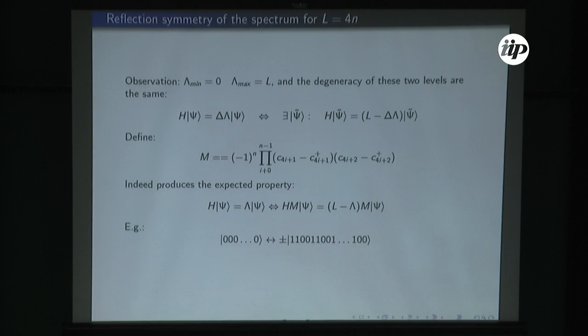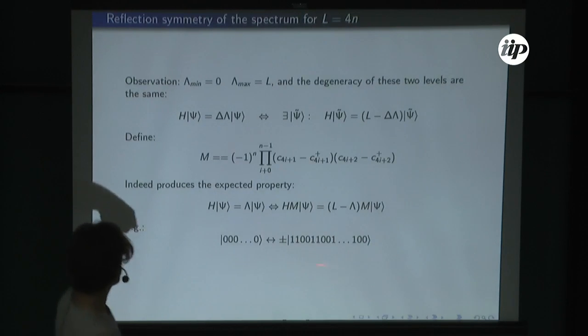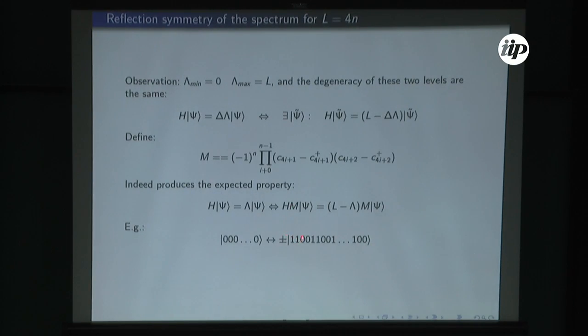Now, to understand how this M operator works, let's look at a ground state and the highest energy state. It's very easy to see that this state is a ground state, because there is a domain wall at every second site.